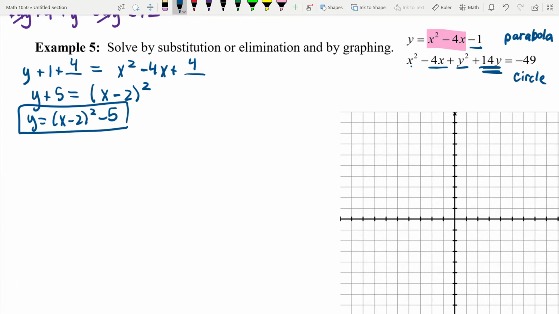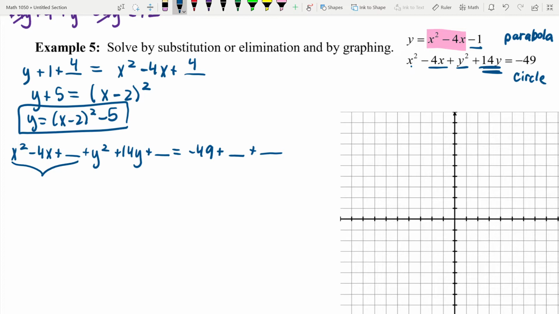So I have to complete the square twice. Okay? Here we go. X to the second minus 4x plus blank plus y to the second plus 14y plus blank equals negative 49 plus blank plus blank.